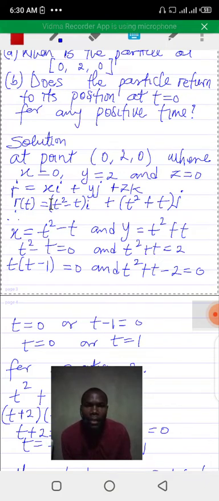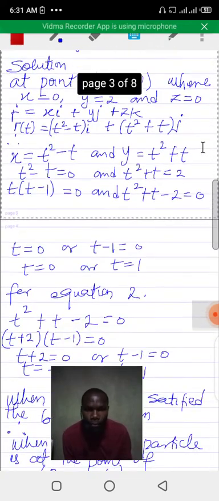The general equation for a position vector is xi plus yj plus zk. So r(t) from the question is (t² − t) i plus (t² + t) j, where x is equal to 0 and y is equal to 2.